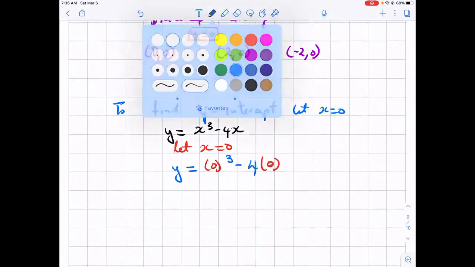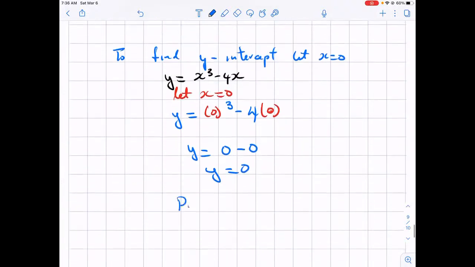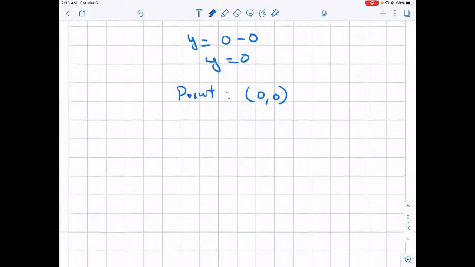So we have y is equal to 0 minus 0. Y is equal to 0. So the point is 0, 0. It will help.